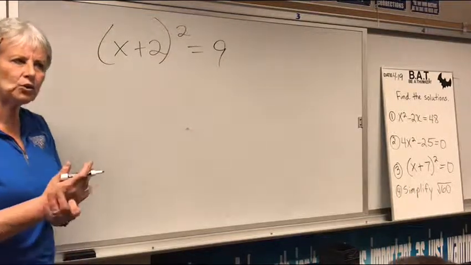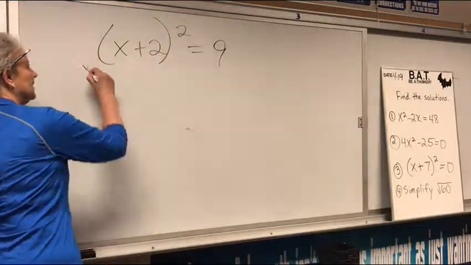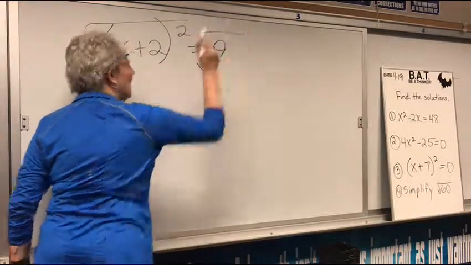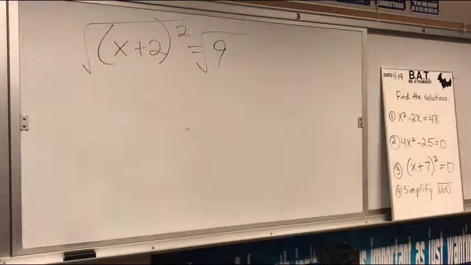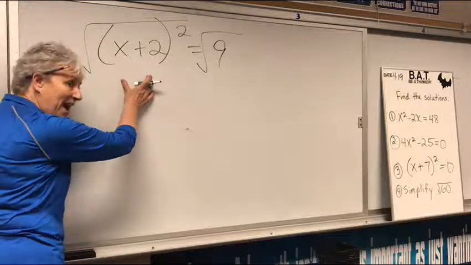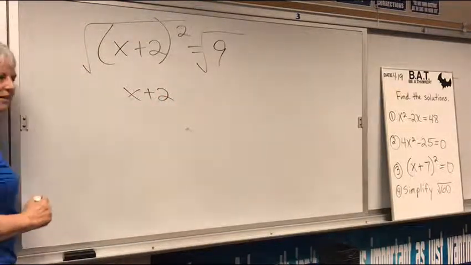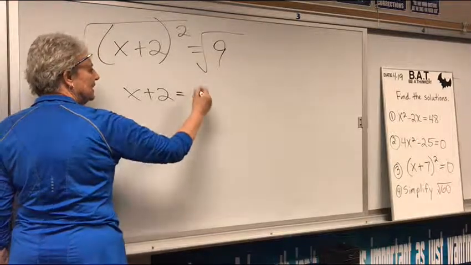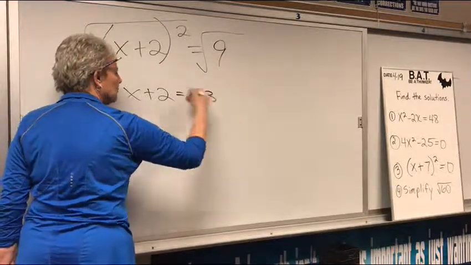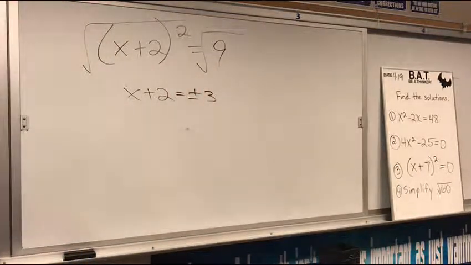Now, solving by square root means you're going to take the square root of both sides. The square root of x plus 2 squared is just x plus 2. The square root of 9 is plus or minus 3. Okay, you with me?